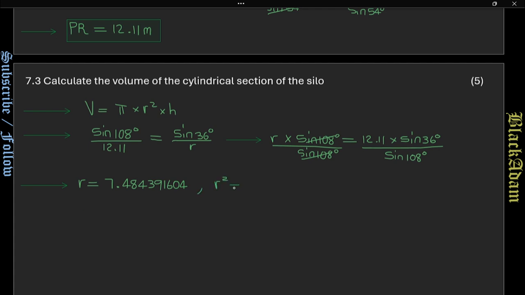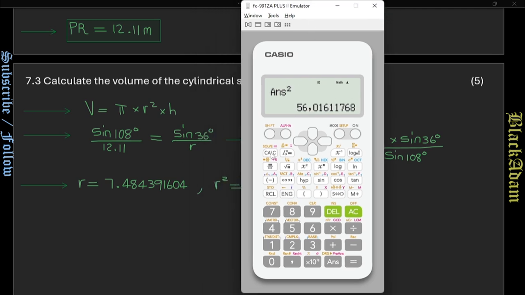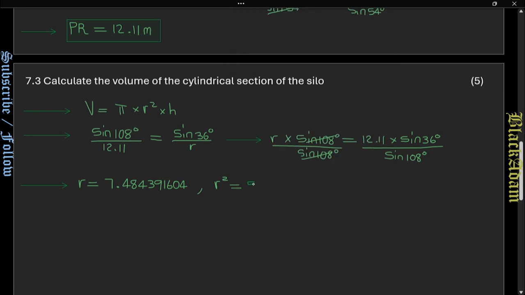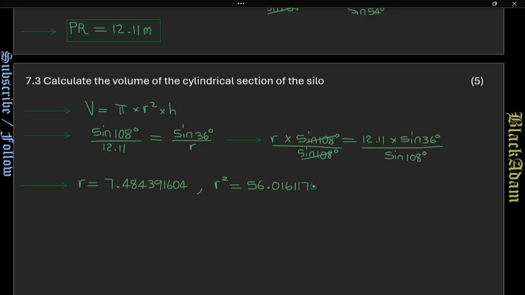So r squared there, using our calculator, we square our answer, which is 56.016111768. Okay, so now we use the volume equation.